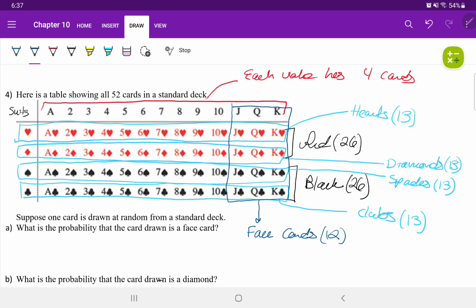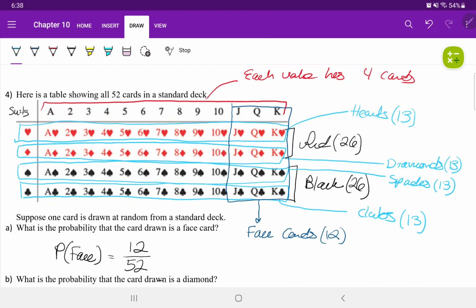Now, with that said, we can answer the following questions. Suppose one card is drawn at random from a standard deck. What is the probability the card drawn is a face card? So out of 52 cards, we just established that there are 12 face cards. So the probability of having a face card is 12 out of 52.